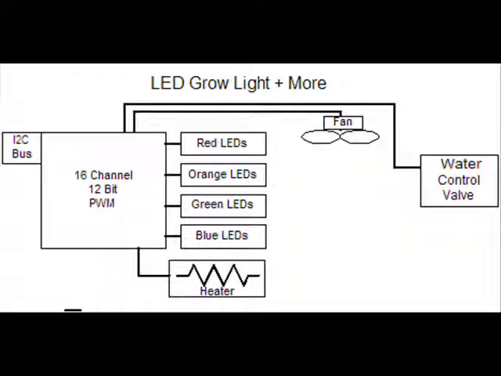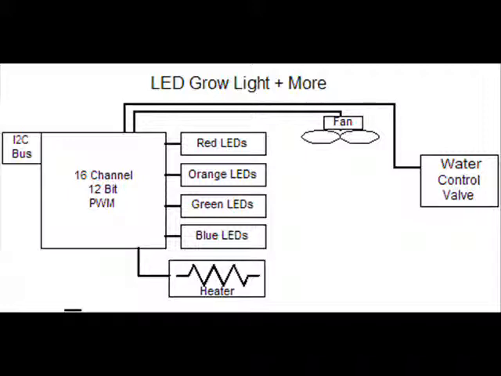So I want to talk about feature creep to the max with this unit and all the peripherals that are available on the I2C bus. We can do some cool things. As I mentioned before, we've got the PWM controller, LEDs, and resistive heating. We could add some more channels of those, bank them together, and do an XY LED pattern to simulate the sun's positioning.